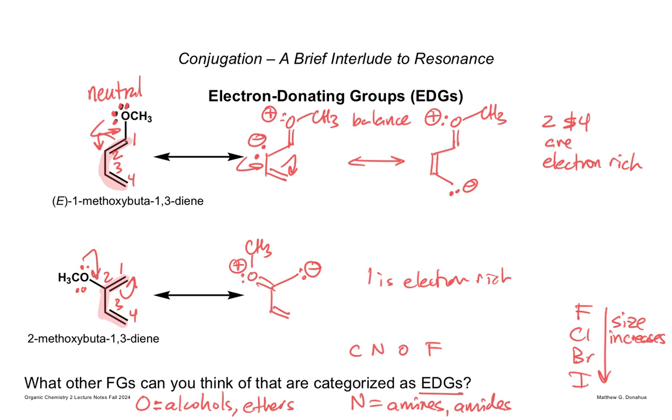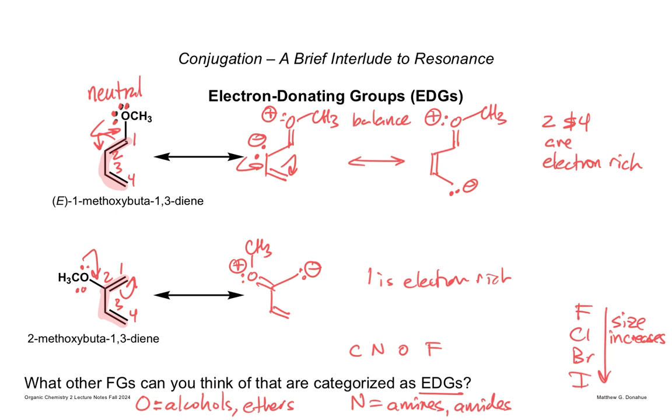But when you get a softball and a beach ball, that iodine is so huge, those electrons really can't go back into the carbon, as sort of shown in this arrow here, if you had an iodine. So as the size increases, the orbital overlap is poorer, so they don't really participate in resonance.